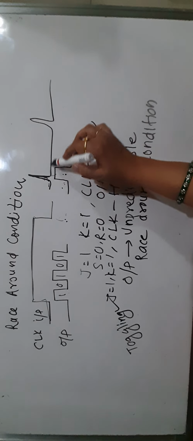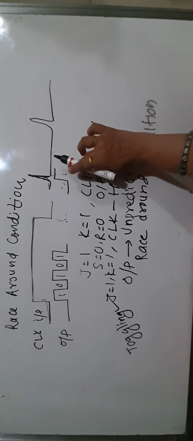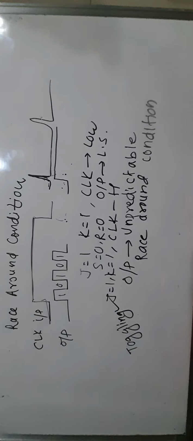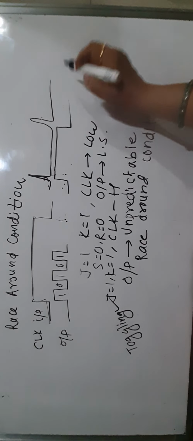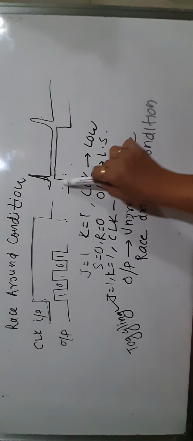And then as the clock becomes low, the output remains in the last state. If it is high, it remains high until the next clock pulse is detected. Okay, so this is the remedy to avoid race around condition.